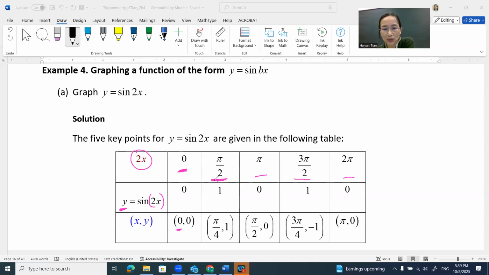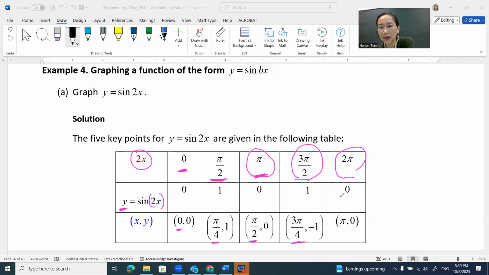When 2x is pi over 2, x is half of that, which is pi over 4. When 2x is pi, then x will be half of pi. When 2x is 3 pi over 2, then x will be half of that.